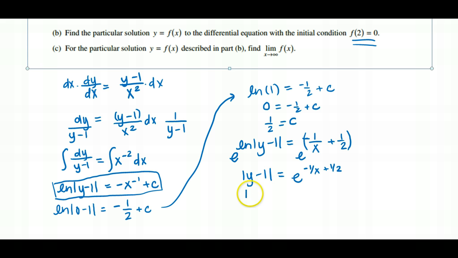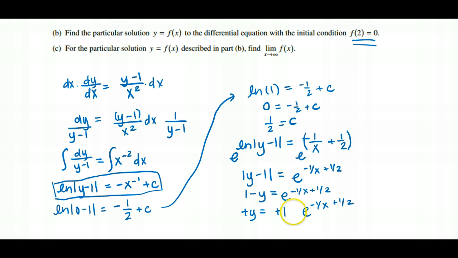So this would have to become 1 minus y equals e to the negative 1 over x plus 1 over 2. And then I'll subtract 1 and divide by the negative. So I'll have negative y equals negative 1 plus e to the negative 1 over x plus 1 over 2. And if I divide by the negative, this becomes positive, positive, and this will be negative. So my final answer, y equals 1 minus e to the negative 1 over x plus 1 over 2.